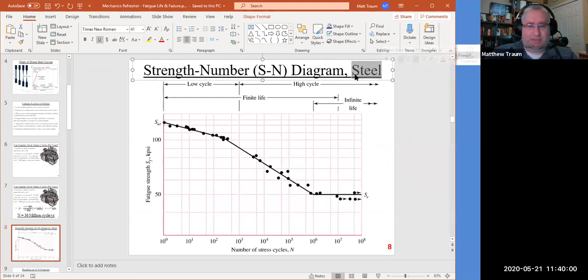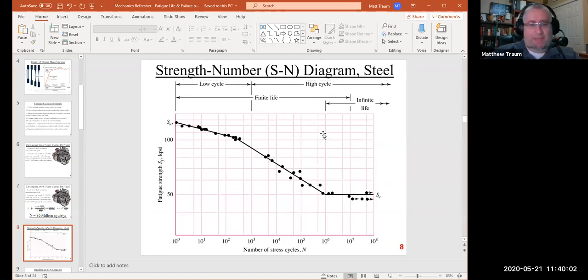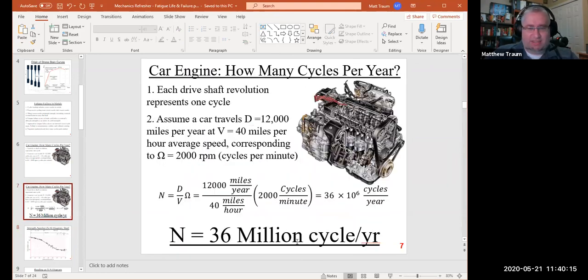But this is specifically for steel, and just to get you oriented, on the x-axis we have the number of stress cycles, N. That's logarithmic. This N is the same N as this one, right? It's the number of times that whatever part or system of analysis has gone through a complete cycle.